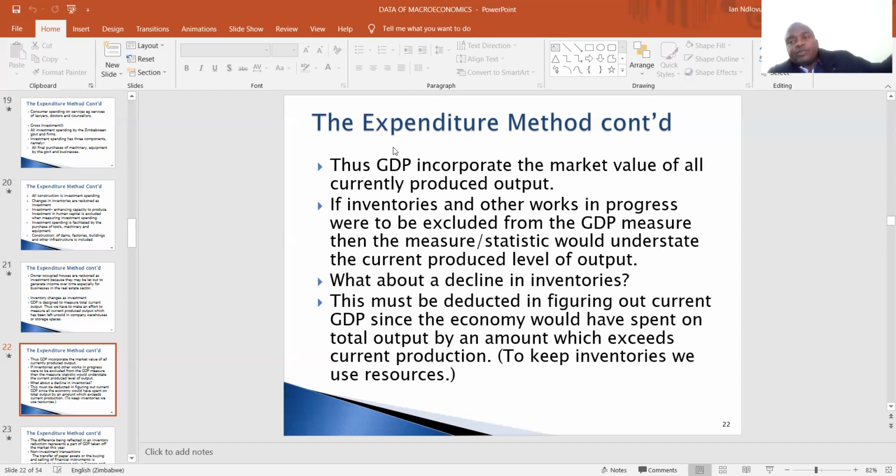So there's part of expenditure which will be associated with previous production. So to avoid double or multiple counting, we would deduct a decline in inventories to figure out the correct level of GDP.